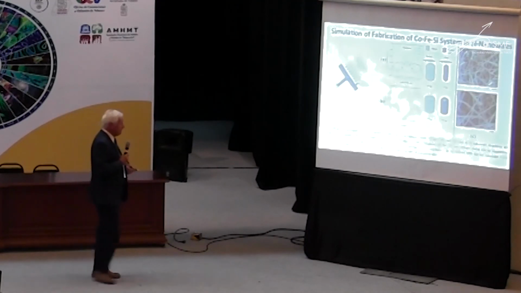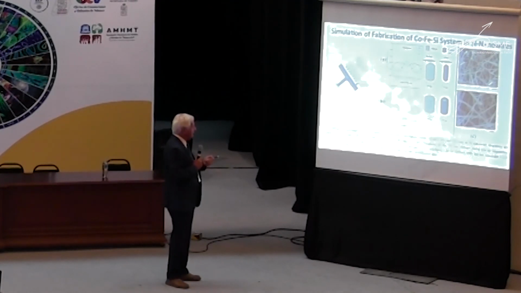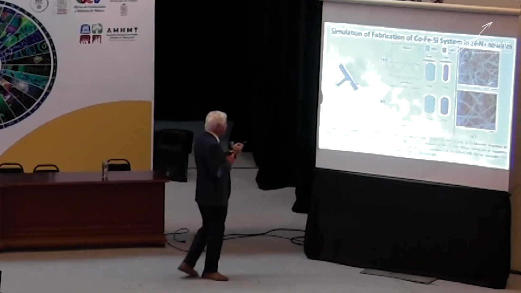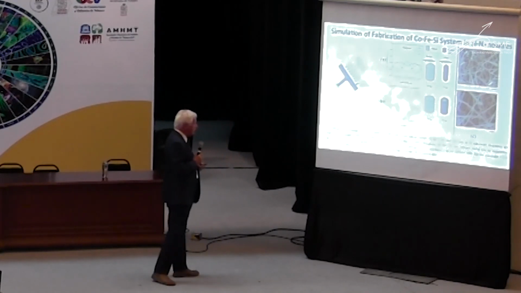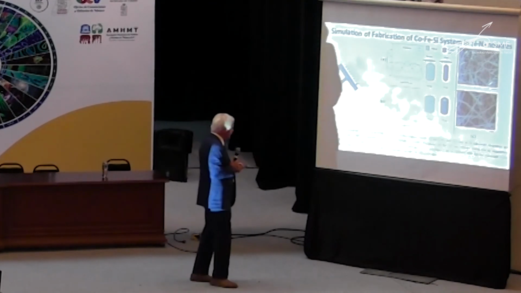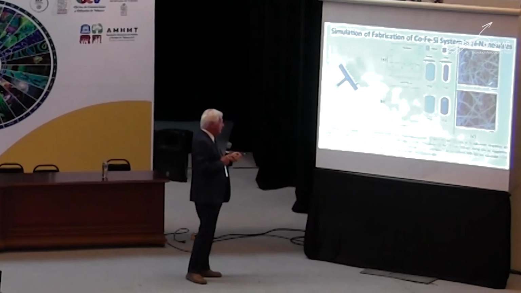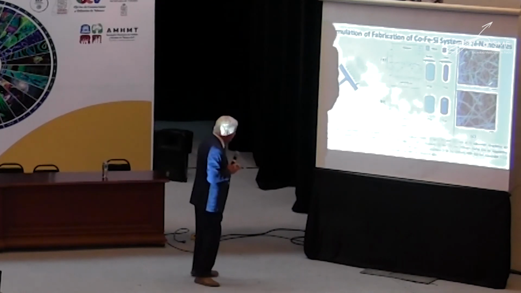I guess the last thing I'm going to talk about is silicon nanowires. So what we've done is here are the nanowires on this surface right here, and then we've implanted cobalt and iron into the silicon nanowires. And the sputtering effect affects these nanowires, and the implant that we implanted simulated the formation of this ternary metal silicon material.